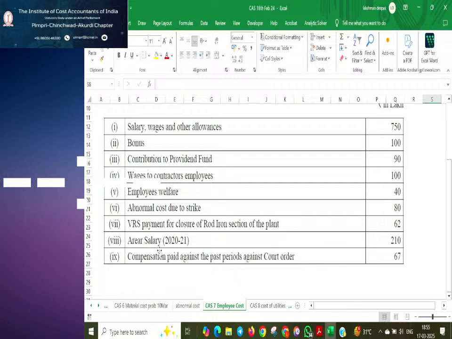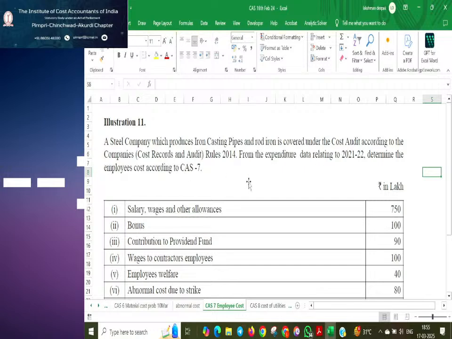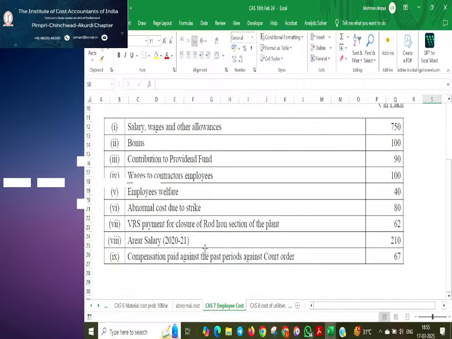Then coming to arrear salary, this salary does not belong to this period, so it needs to be excluded. So what are the things finally you are going to take? Salary and wages of 750, bonus of 100, contribution to PF 90, employees welfare 40. That's it. That will form part of employee cost for the year.